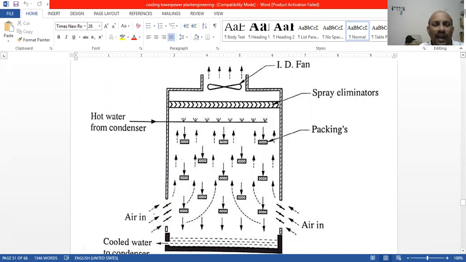Only one thing, the ID fan and the FD fan. The FD fan is arranged on the right side of the cooling tower, and the ID fan is arranged at the top edge. That is the only difference. But the limitation of the fan size is 4 meters. That we cannot change.